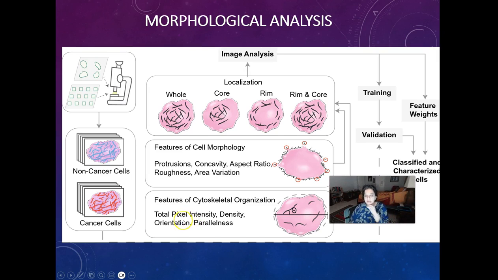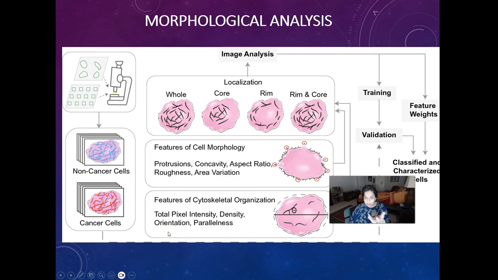features within our system. What do we mean by that? Well, when we are looking at morphological features, all we are looking at is what we can observe under the microscope.